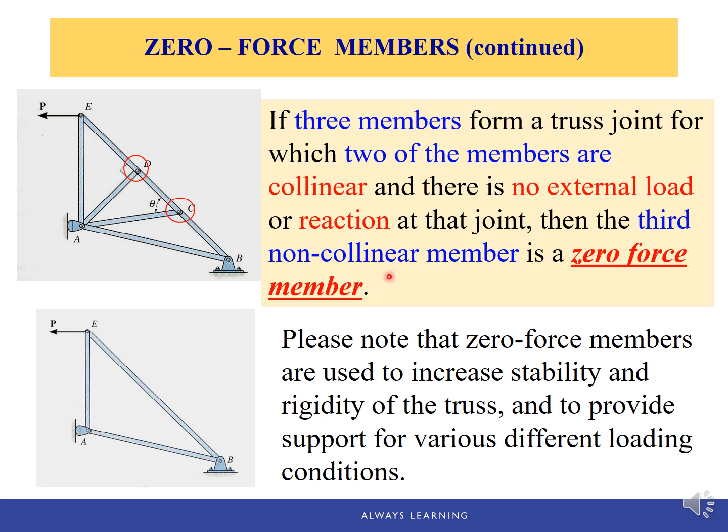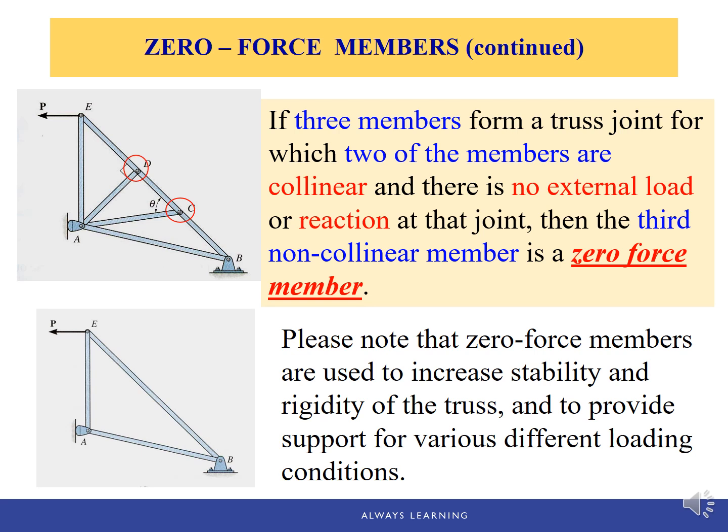Please note that zero force members are used to increase stability and rigidity of the truss and to provide support for various different loading conditions. When we say this is a zero force member, it's only valid under the current loading status.